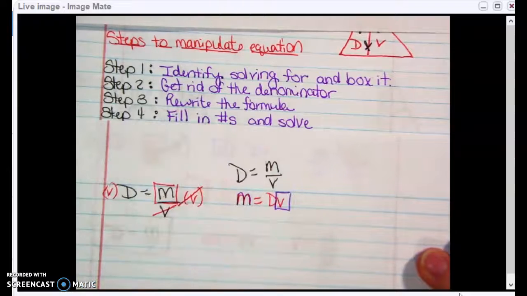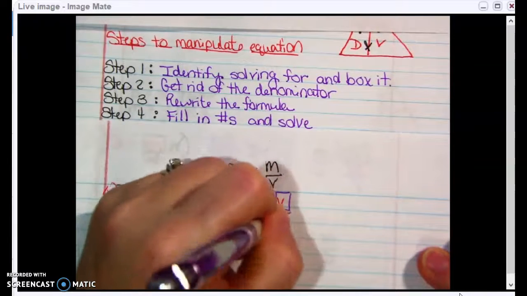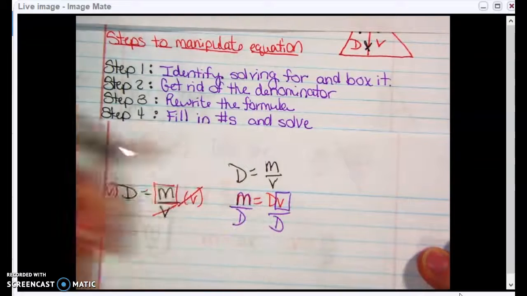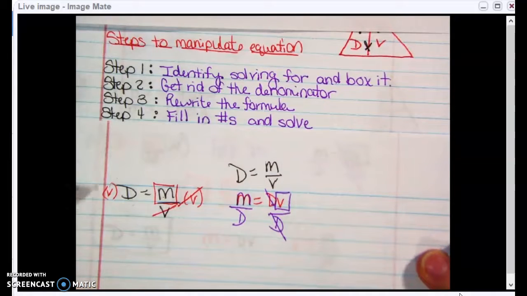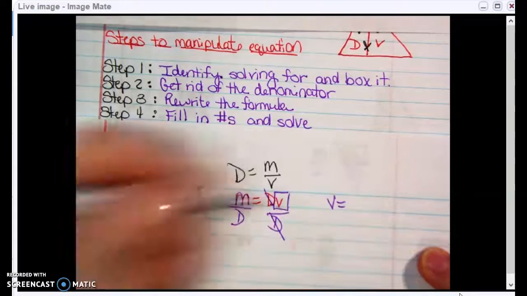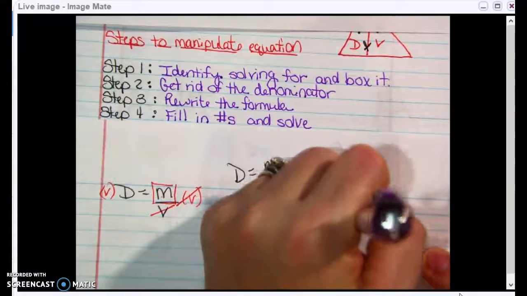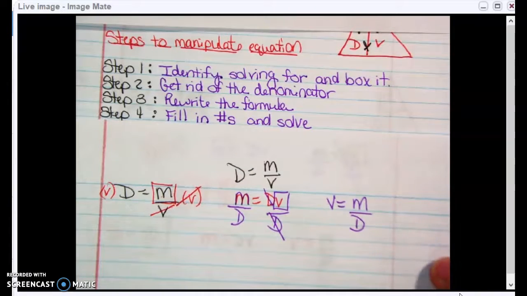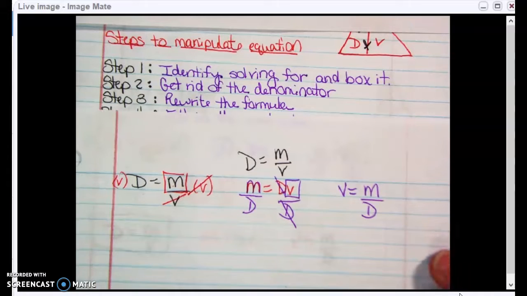Because we're multiplying, the inverse operation of multiplying is divide. So we're going to divide both sides by D to get rid of the D, and then we're going to rewrite the equation to this. So now you have your third equation. So these are your three equations.